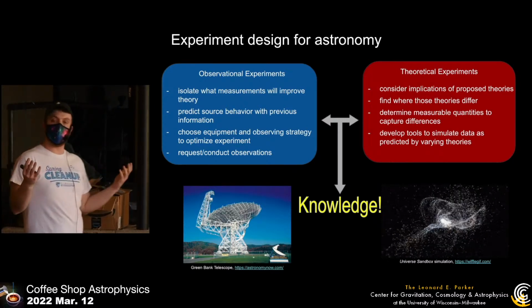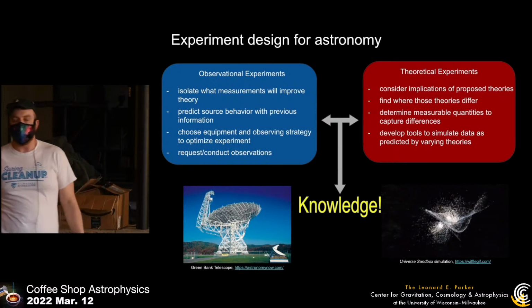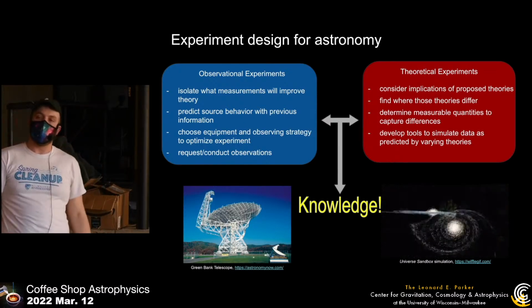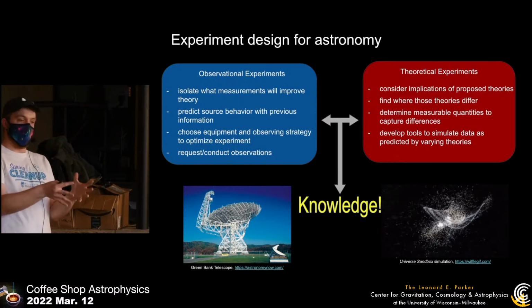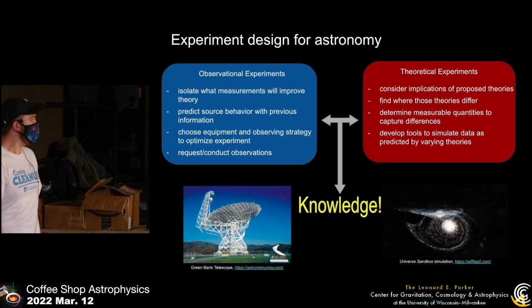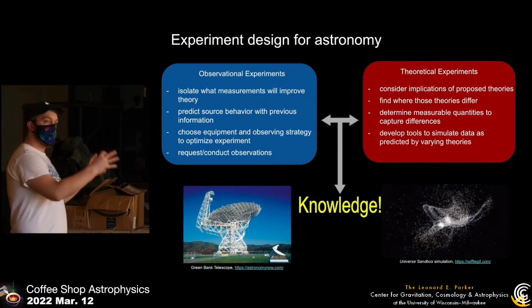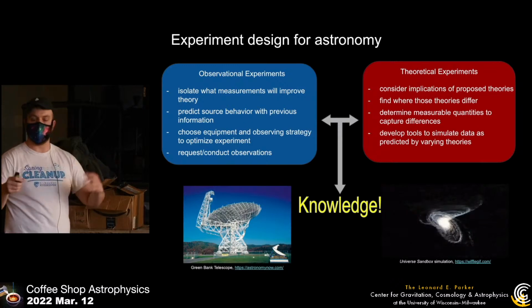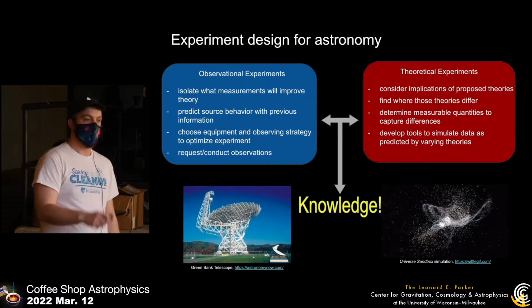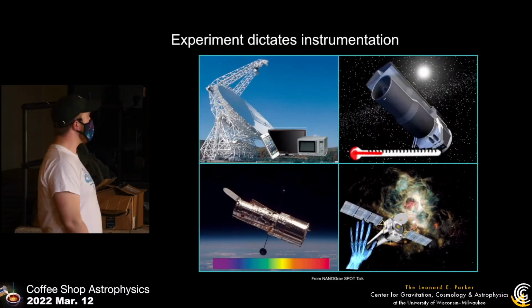We can test whatever we want and throw other stars at it. We can look at whatever things we're interested in looking at because we are in control of that experiment. So all these things play together to help us forward and learn new things about the universe.